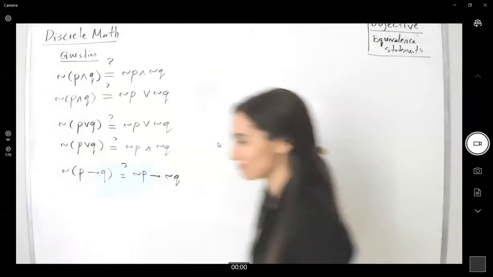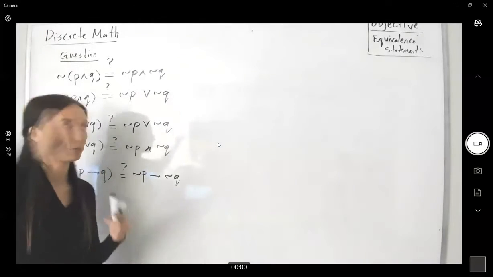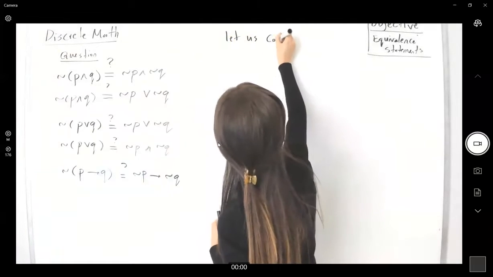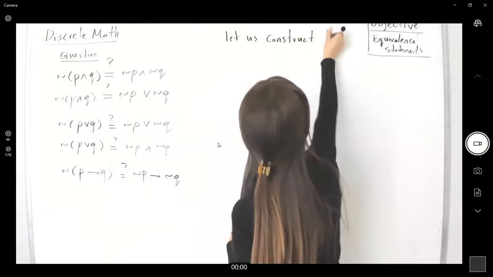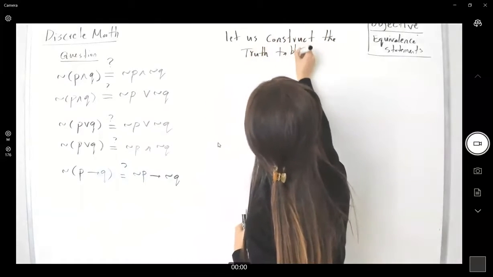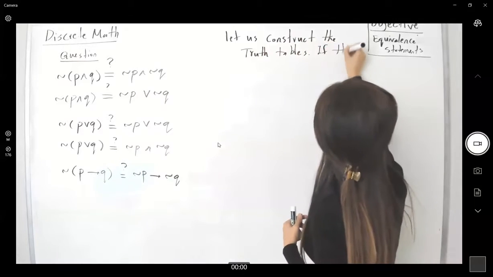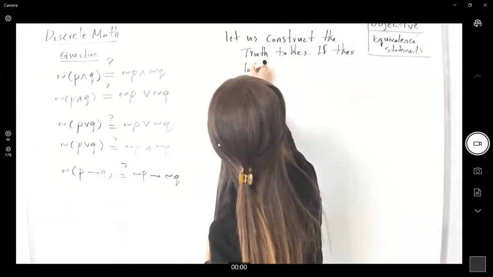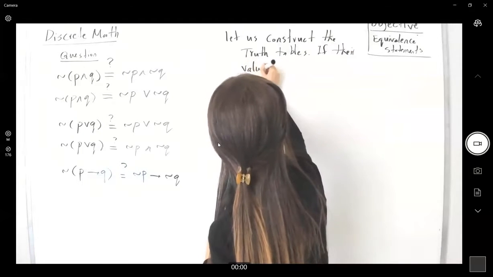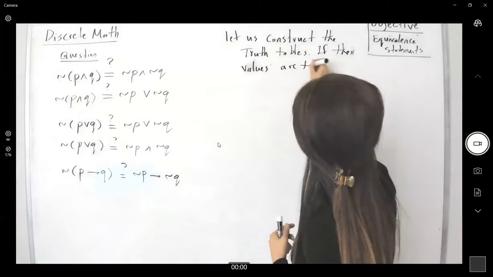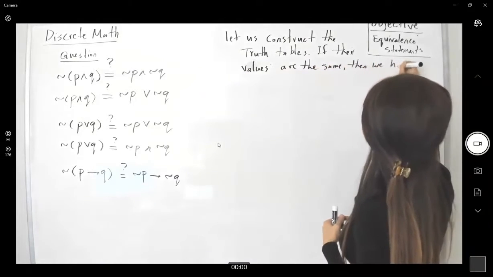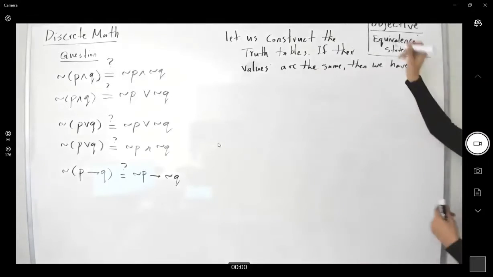Since we have two statements, we're going to have 4 combinations. Let us construct the truth tables. If their outcome values are the same, then we have equivalence statements.